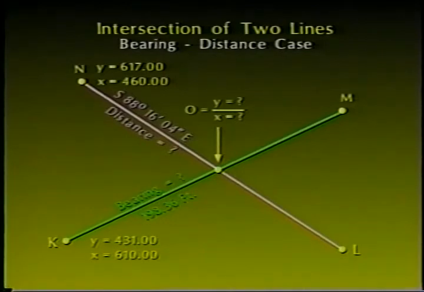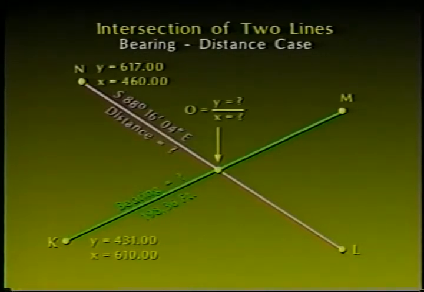Let's examine the given data to see what case the solution will fit into. From looking at the given values, we have a bearing for line N to O and a distance for K to O, and can inverse between N and K to find either a base for an oblique triangle solution or enter the coordinates of K and O into a computer programmed for a bearing distance solution.